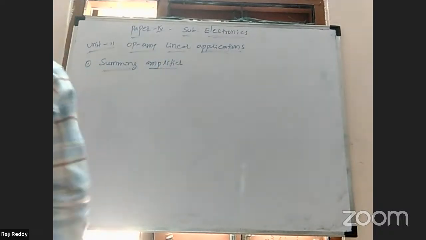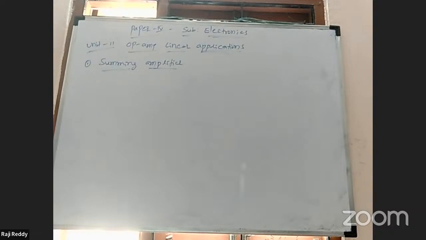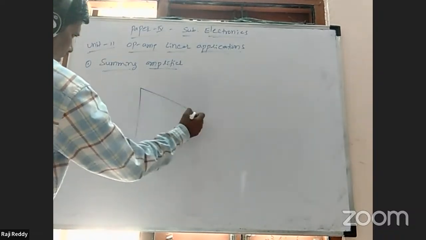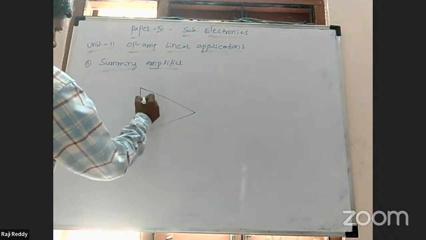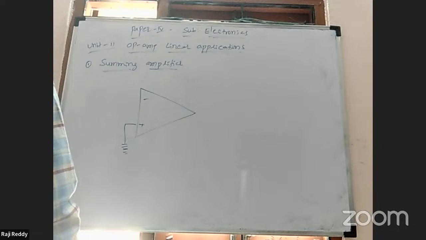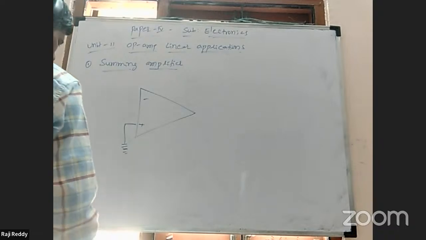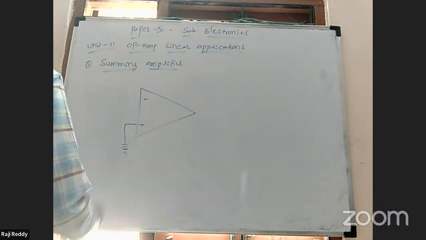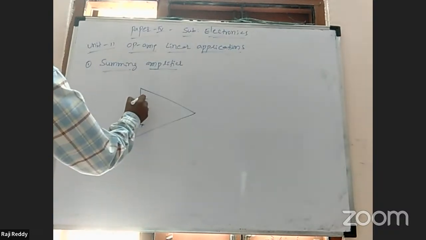Nothing but addition. For the summing operational amplifier, we'll take the inverting operational amplifier first. Inverting operational amplifier means the positive terminal is connected to ground. The IC number 741 is called an operational amplifier. The negative terminal is connected to the input.